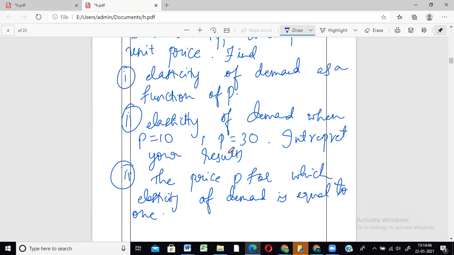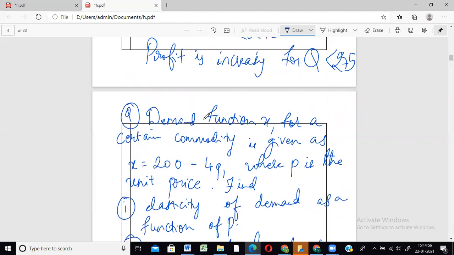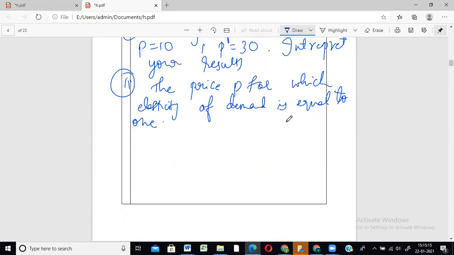So these are the three things. First, they're telling you to find elasticity of demand as a function of price. That formula we had done last time. The only change here is the demand function is x. Until the last lecture we denoted it using D, capital D was the demand function, and capital P was the price function. But here they have given the demand function denoted using x. So you just have to use the same notations.